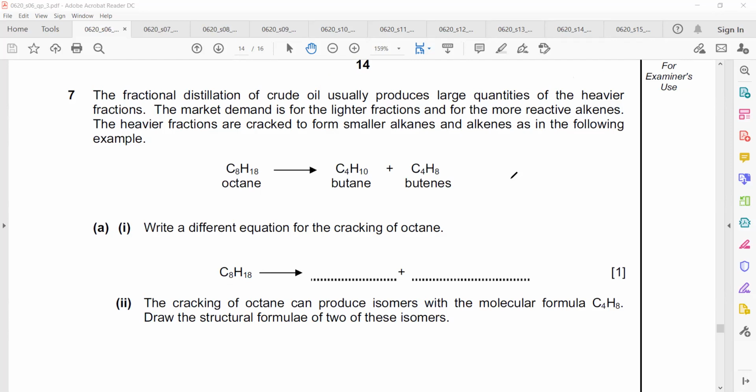You can work out from the general formula, because the general formula for alkanes is CnH2n+2. And if it's an alkene, then CnH2n. So if the first one is C3H8, what will be the second one?